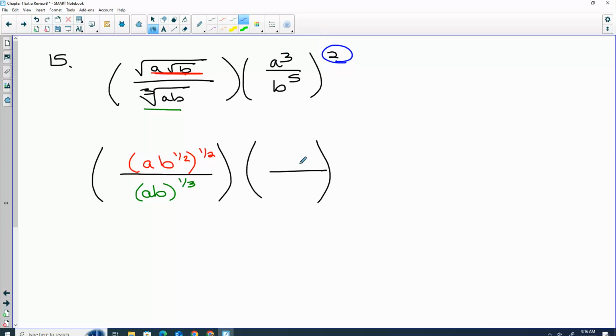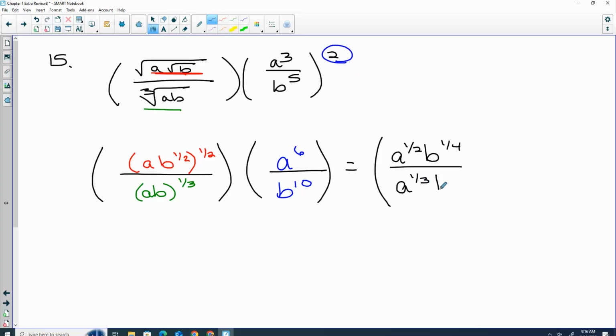Power to a power you multiply, so that's a to the 6th, b to the 10th. So now we clean up. This, distribute our power, so we get a to the 1/2, b to the 1/4, because we're multiplying exponents. Over a to the 1/3, b to the 1/3. So a to the 6th, b to the 10th.